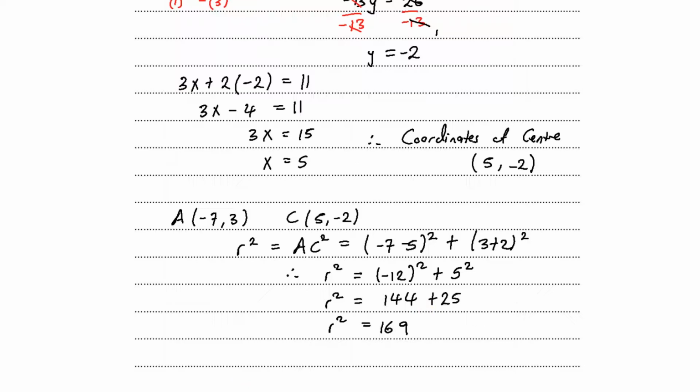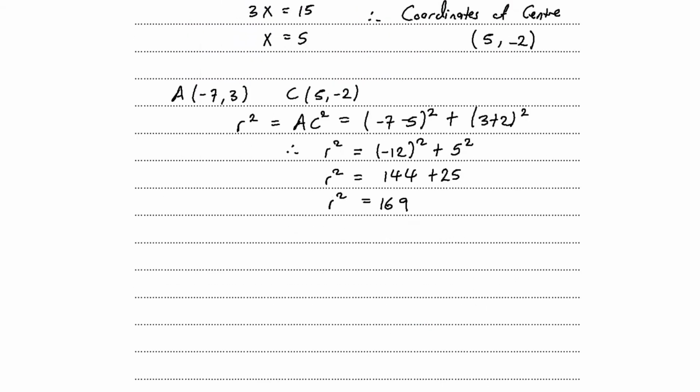So we now know what r squared is, and therefore the equation of the circle should come out to be x minus the x coordinate of the center, that's 5, and squared, plus y minus the y coordinate of the center, that's minus 2. So it becomes plus 2 squared is equal to r squared, which is 169. So we now have the equation of the circle.